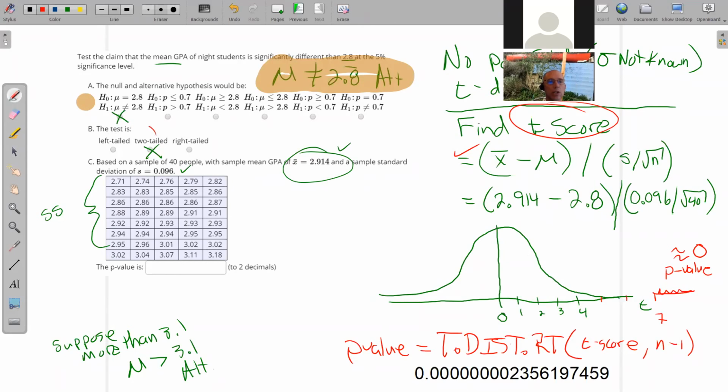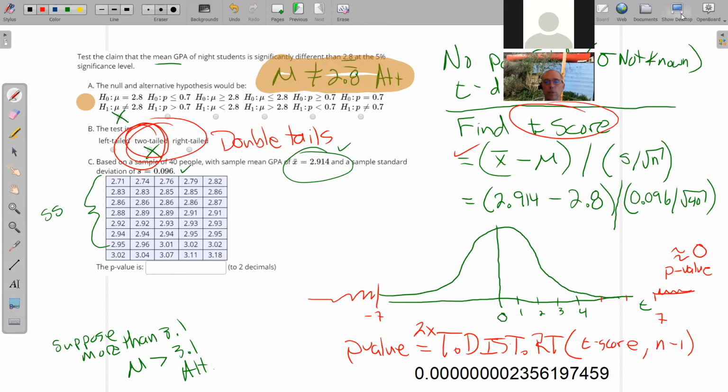We have double tails. Most people had trouble with this way back when we were doing these hypothesis tests because they forgot the other tail that they're supposed to mirror out here. That would have to go with a value of -7. T-distributions, like a normal distribution, are symmetric. So my p-value is actually 2 times this because it's a two-tailed test.